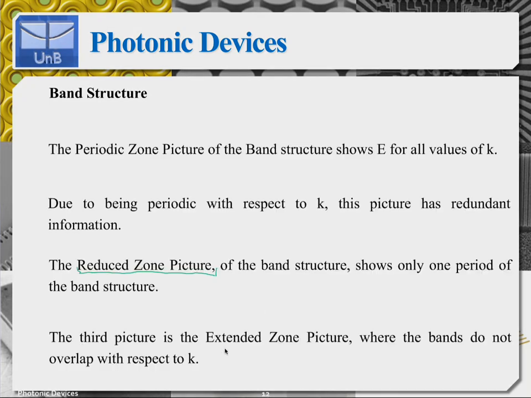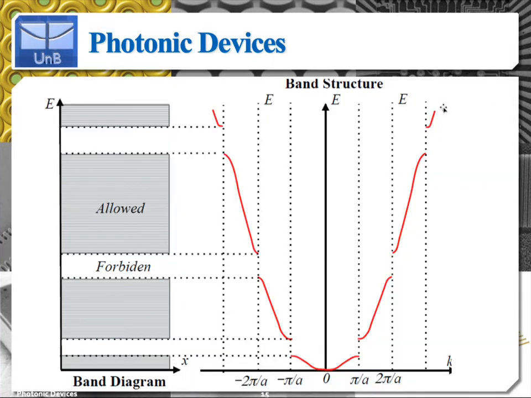The third picture is the extended zone picture, where the bands do not overlap with respect to k. For the band structure that we've been looking at, the extended zone picture would look something like this. So instead of showing, for example, considering this band right here, this part here, which overlaps with the lower band in k space, we would show this part.